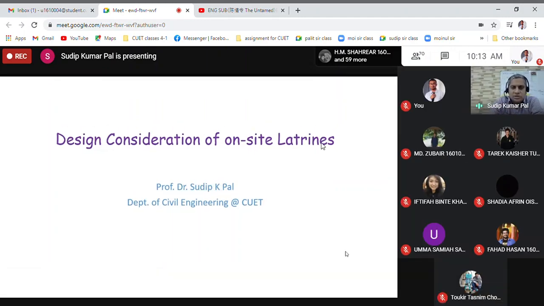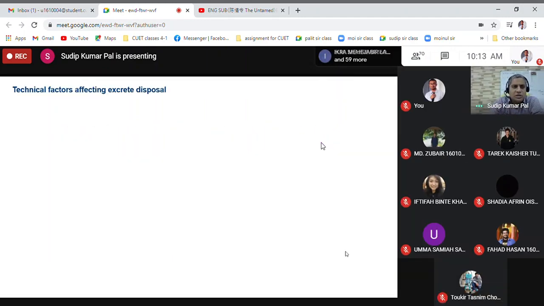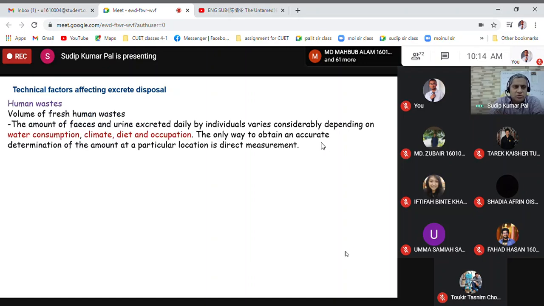So let's move ahead. What is here? As you see, first of all, what are the technical factors affecting excreta disposal? As a technical person, you expect the factors affecting the disposal.